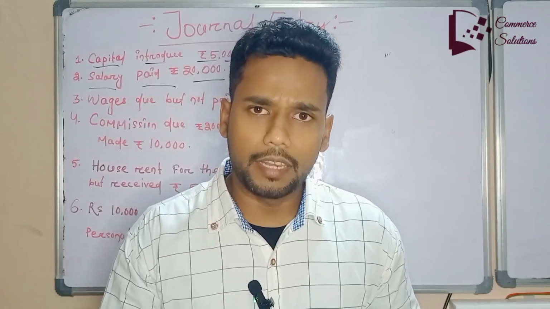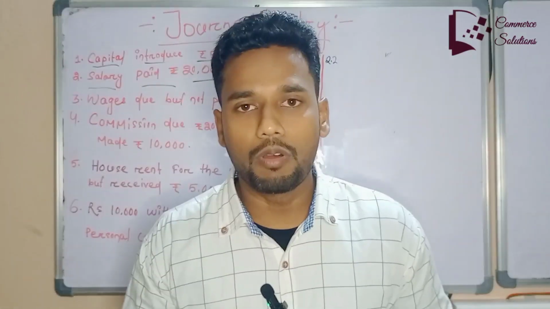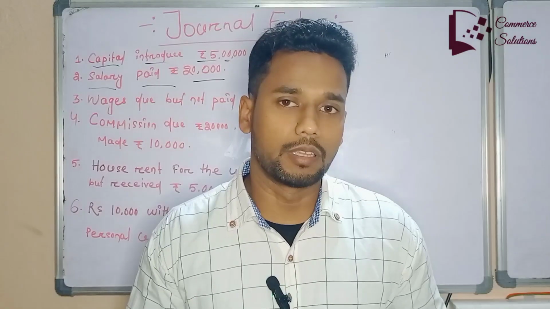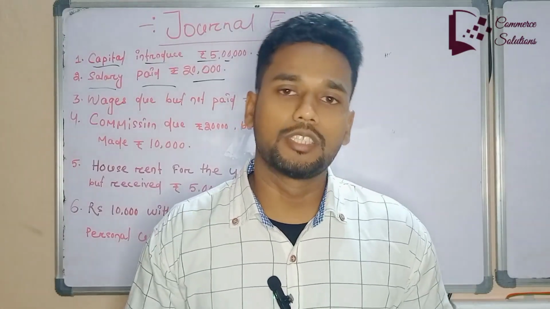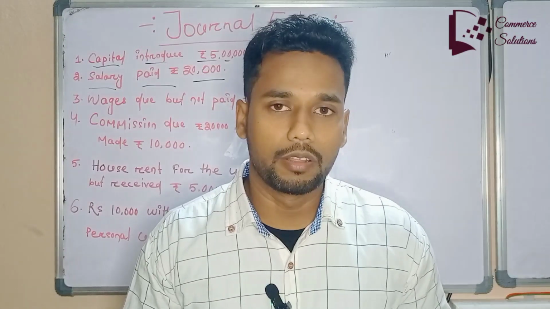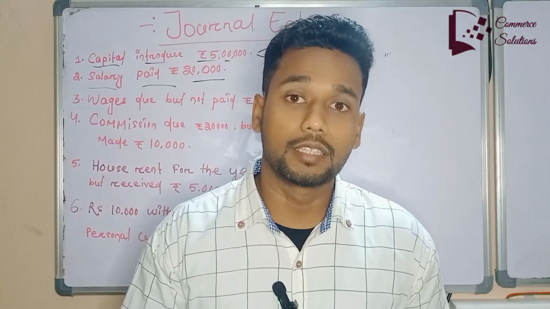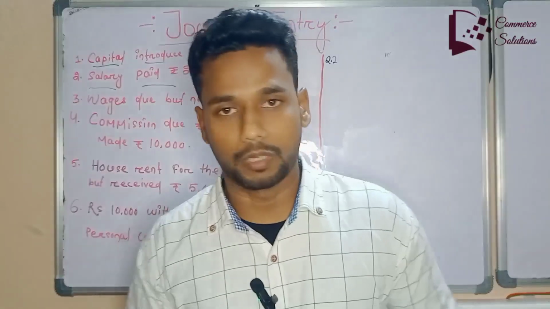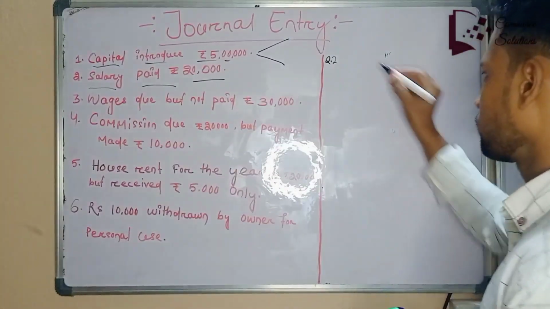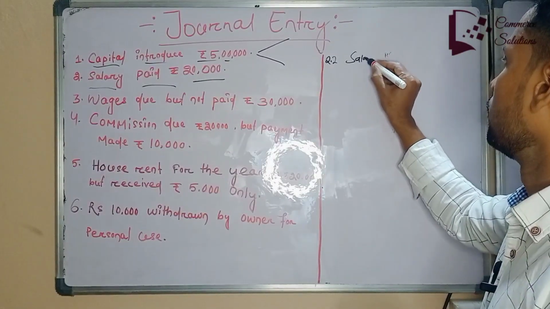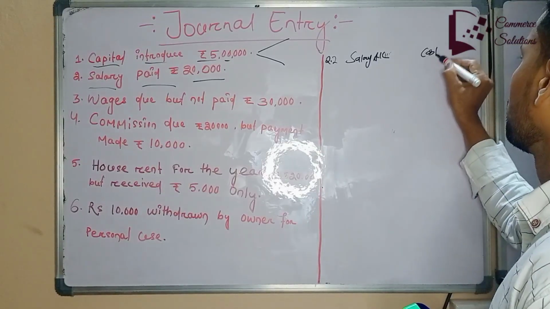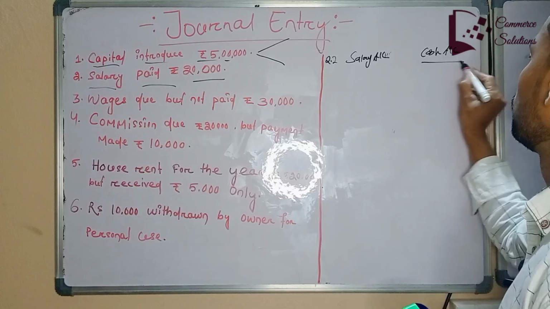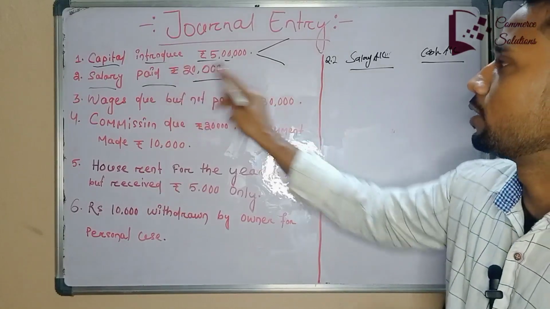So here salary is the receiving aspect, because the business is receiving the services of the employee. In return the business is giving cash. Cash is the giving aspect here. So salary account and cash account are the two aspects in this transaction.